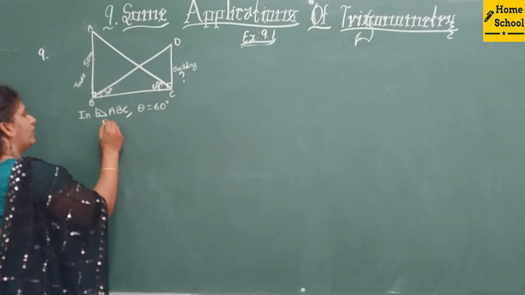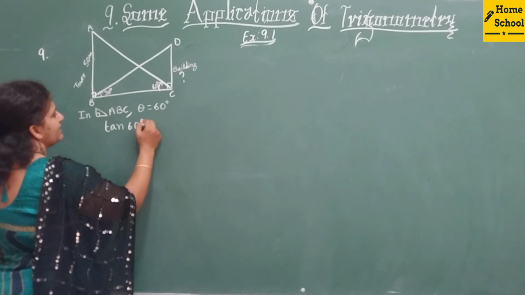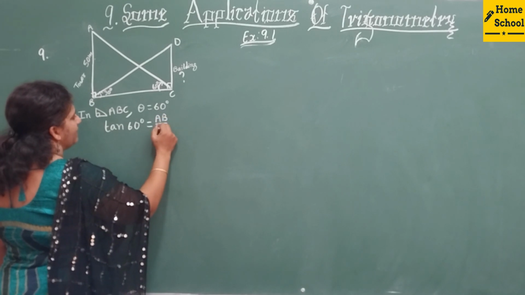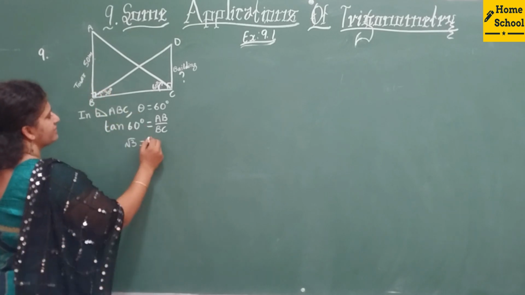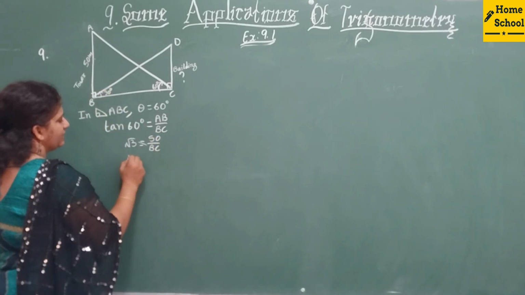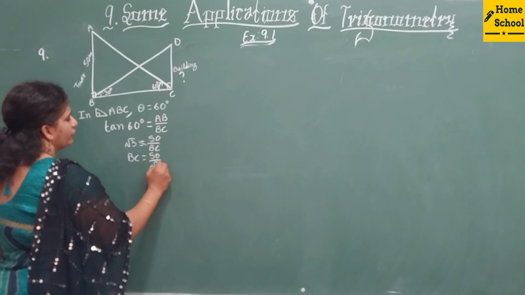Opposite adjacent. What ratio? Tan. Tan 60 degree is equal to opposite AB by BC. Tan 60 value root 3. AB value is 50 by BC. Cross multiply. BC is equal to 50 by root 3.